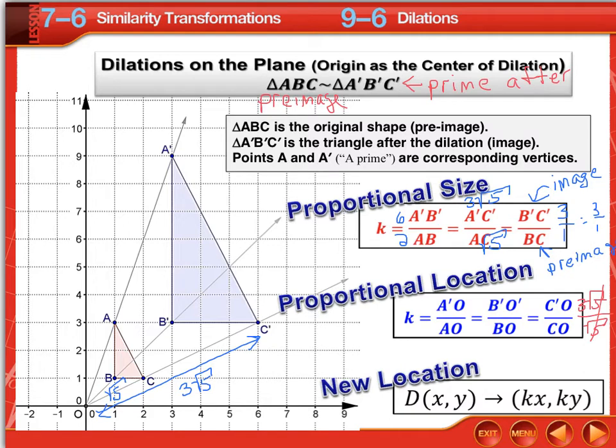And we could take a look at the other sides as well, and the same proportionality will exist, and that will indeed determine where the location of the prime vertices will land.